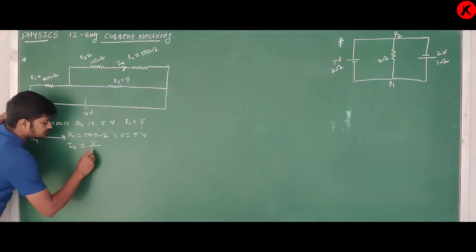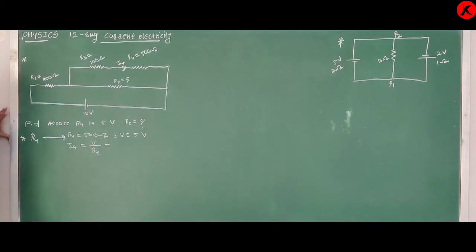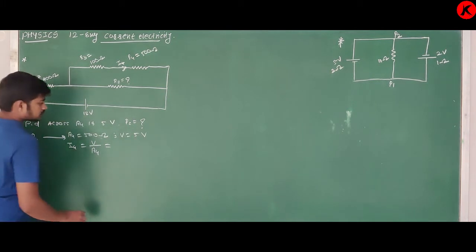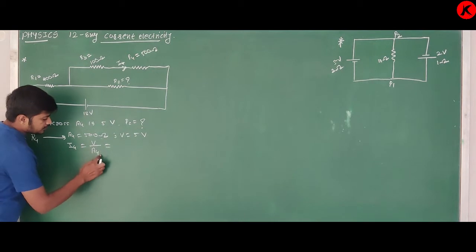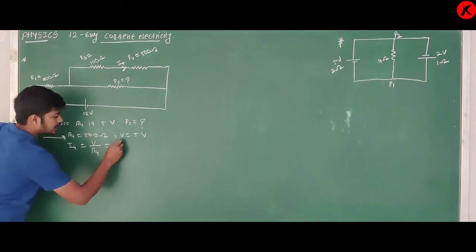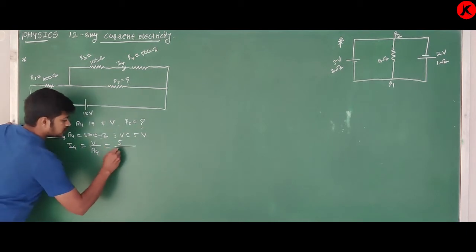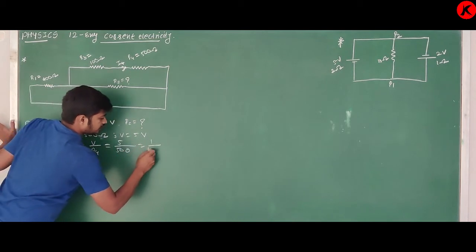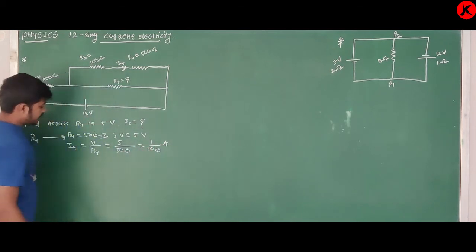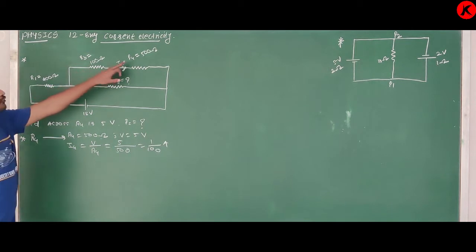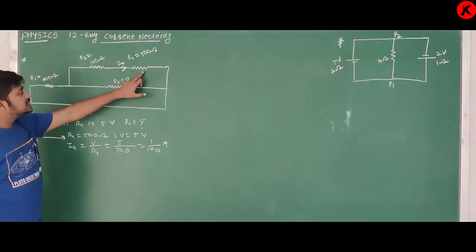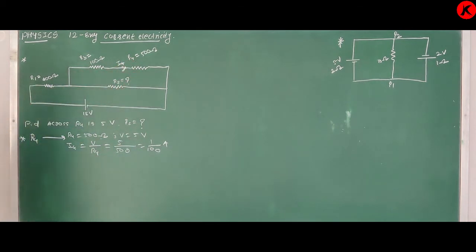I4 is equal to V upon R4, which is 5 upon 500. So you can easily say it is 1 upon 100 ampere. So the current flowing through resistor R4 is 1 upon 100 ampere.